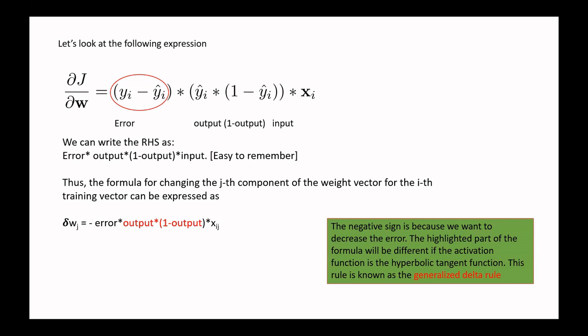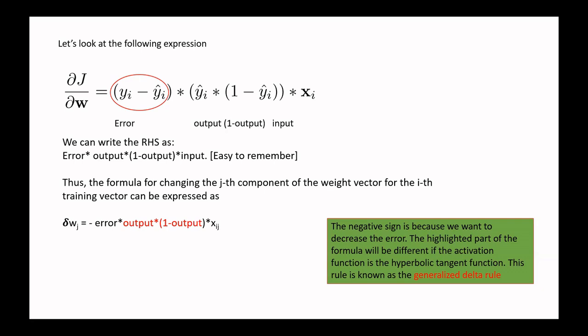Easy to remember, just call this error times yi hat, which is output, 1 minus yi hat, which is 1 minus output, and xi, which is the input. So the formula for weight correction with this criterion function is very simple: error times output times 1 minus output times input.